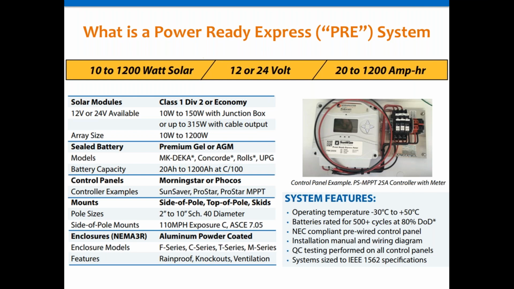We can utilize a range of battery products and manufacturers depending on the need. Control panels have multiple options for PWM or MPPT charge controllers, and similarly we have a variety of mounting solutions including side of pole, top of pole, skid mount, etc. And then we have a variety of enclosure options as well depending on the exact battery fitment needs.